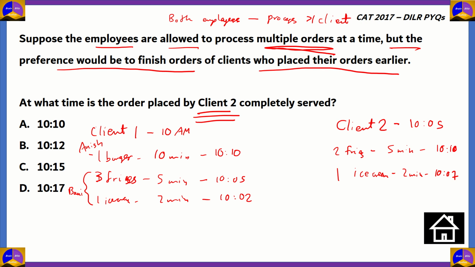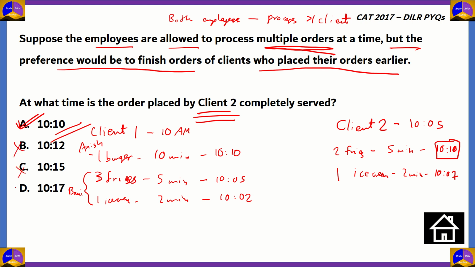As you can see, by the time Anish finishes the burger for client 1, Bonnie would be able to finish client 2's entire order. The ice cream takes less, 2 minutes, so she can serve it earlier at 10:07. So therefore, option A, 10:10, is the right option here.